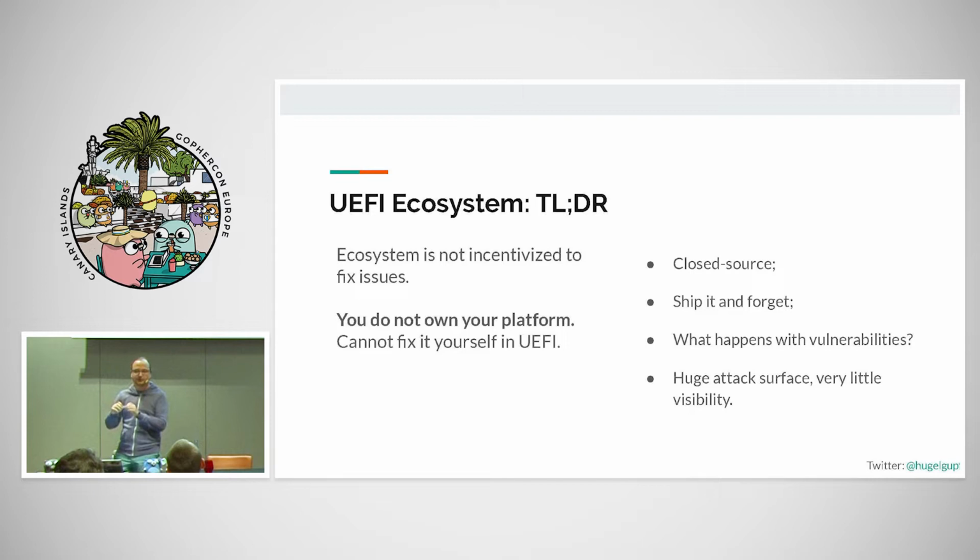There are some open source reference implementations, but you can't use those to build a valid UEFI firmware for literally any machine on the x86 planet, except for some virtual machines. It's all based on some proprietary information that isn't available to you. So you have very little visibility, but you actually have a huge attack surface, given that multiple millions of lines of code are involved here.